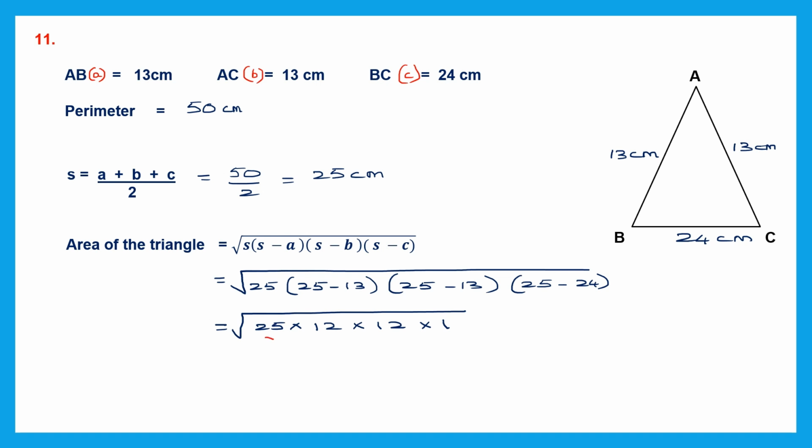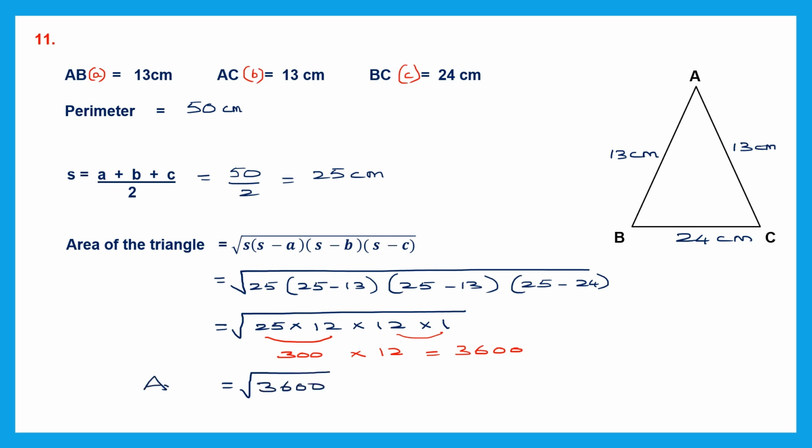If we multiply 25 into 12, we will get 300. 300 into 12. Now we know 12 threes are 36, so we just have to add 2 zeros. Into 1 will give us the same thing, 3600. So this is the square root of 3600. This is the area of the triangle.